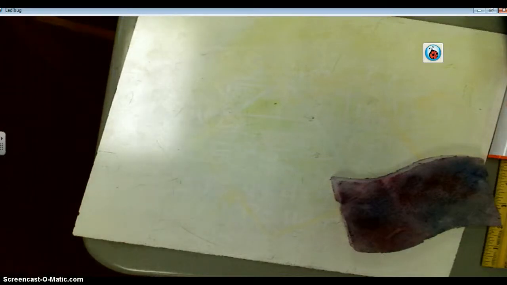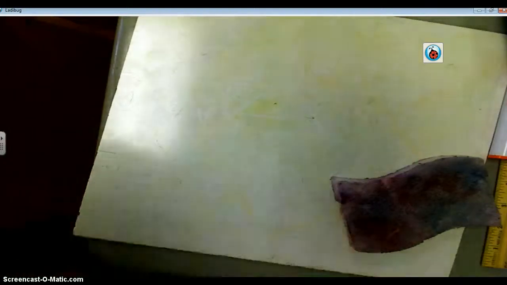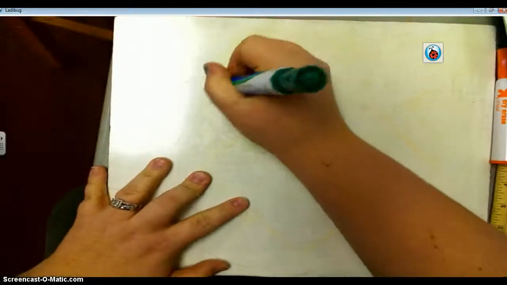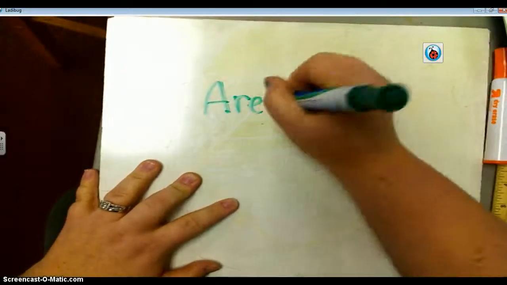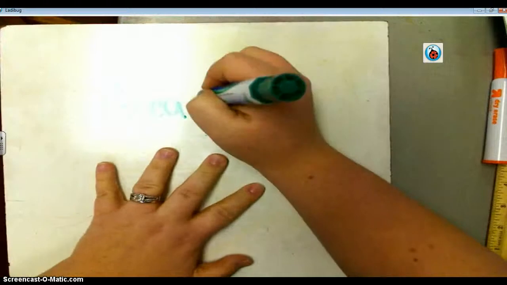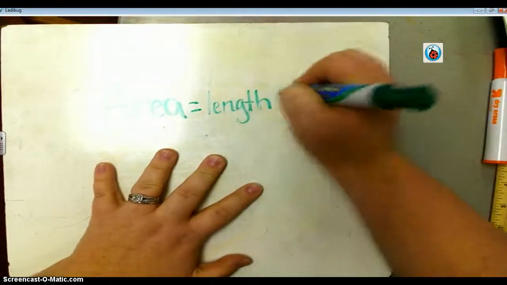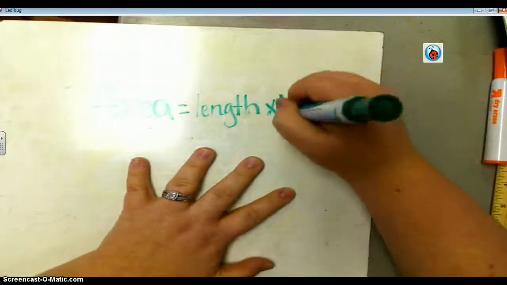Formula. Show me on your board if you know the formula for the area of a square or a rectangle. Write the formula on your board. Okay, the formula for finding the area of a square or a rectangle: area equals length times width.